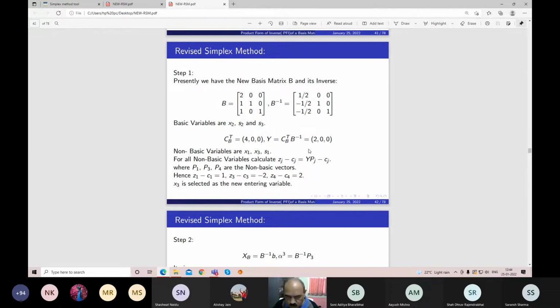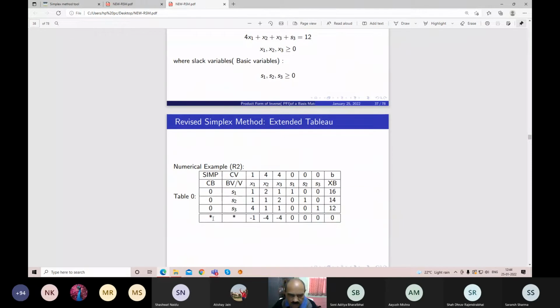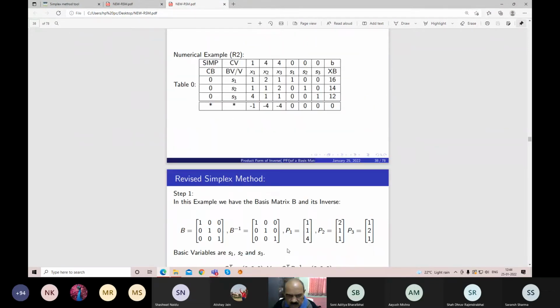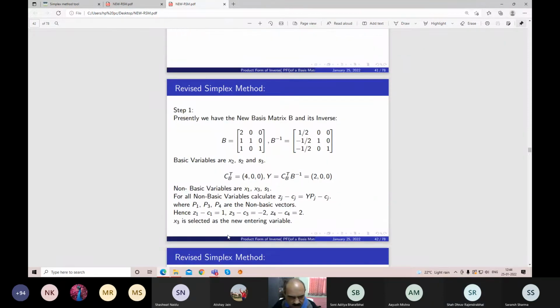Y is 200. So 200, you can see here 200. Inner product with 114, then minus 1. How much it will be? 1. Yes, sir, it is 1.